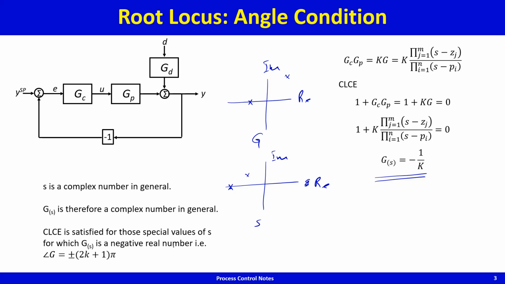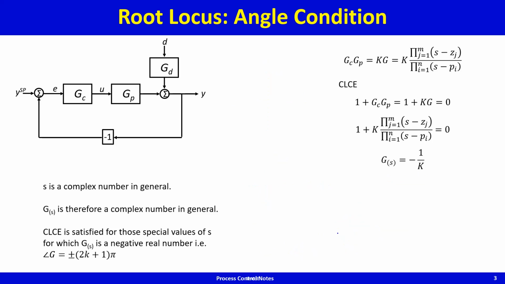Now when G of S is a negative real number, so let's say this is a negative real number, then in polar form the number G of S would be negative real, so it will have a magnitude times e to the power 180 degrees, 3 times 180 degrees, 5 times 180 degrees, or minus 180 degrees, 3 times minus 180 degrees, and so on and so forth.